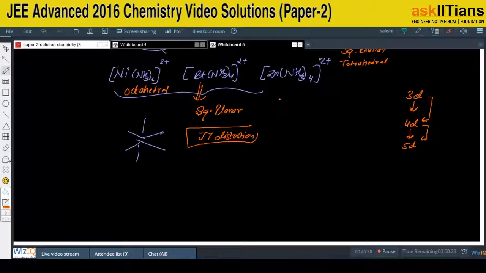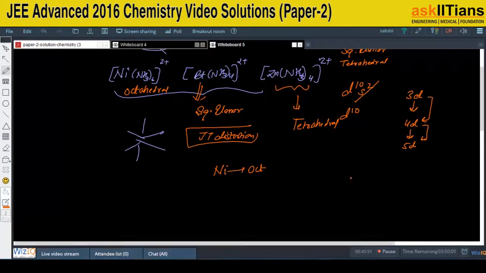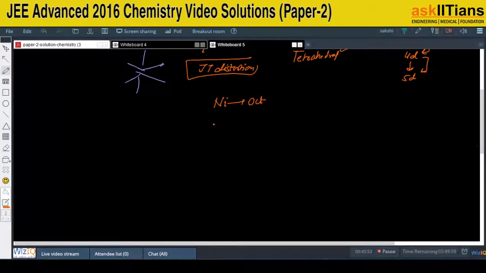Also, zinc is d10s2, so for Zn 2+ this is gone and you have d10. That means in order for zinc to form a complex with 4 ammonias, it should be tetrahedral in nature. So we got the answers for this question. For nickel, octahedral. For platinum, square planar, and for zinc, tetrahedral.